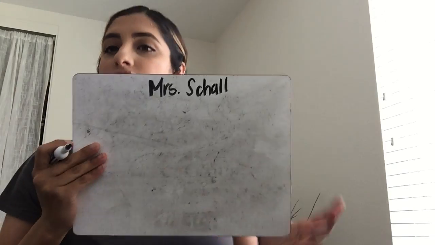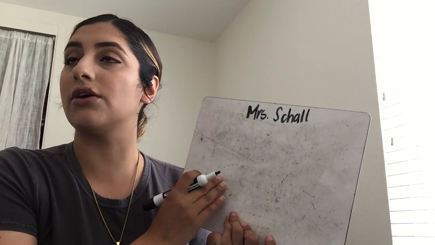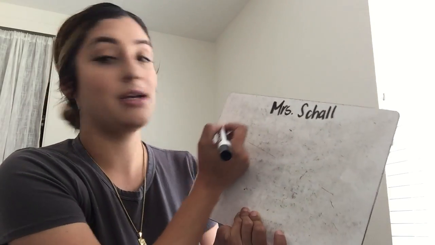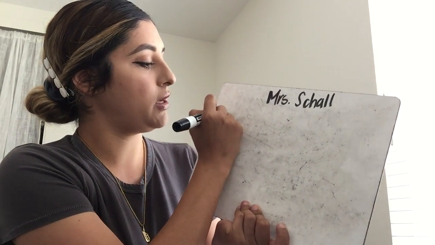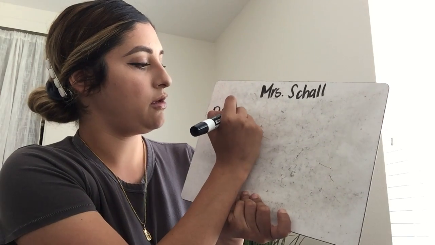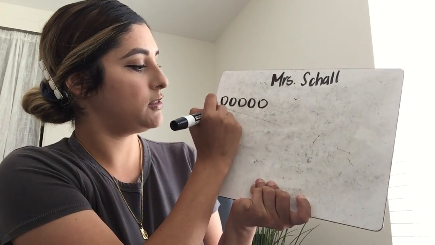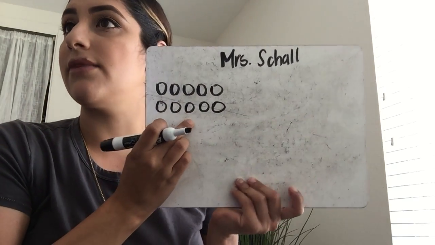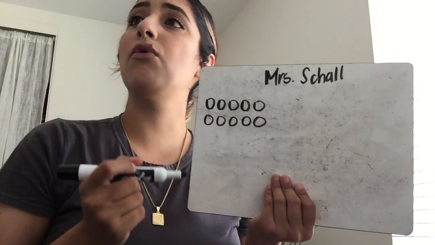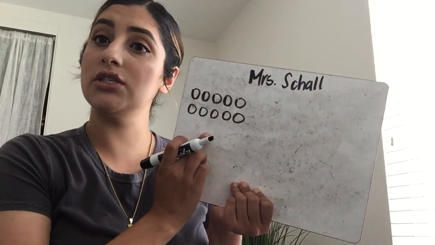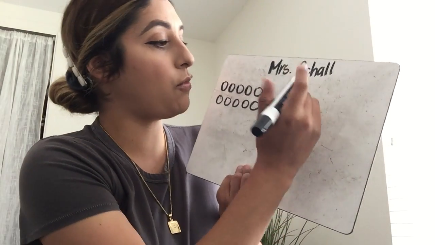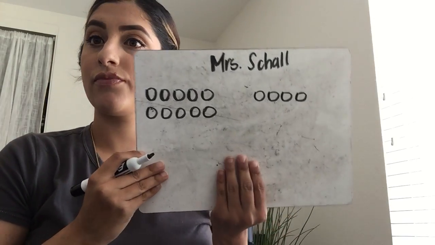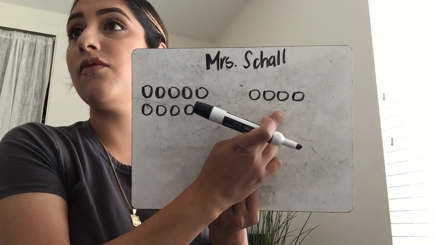She has some visitors, some birds on her grass. 10 birds landed on her grass, so I'm going to draw 10 birds. 1, 2, 3, 4, 5, 6, 7, 8, 9, 10. So there's 10. Then 4 more birds joined them. There's 10 first, and then over here there's 4 more. 1, 2, 3, 4. So 10, and then 4.